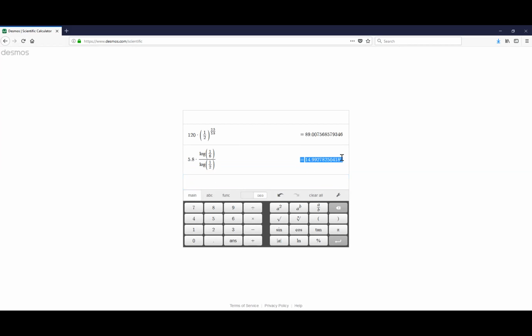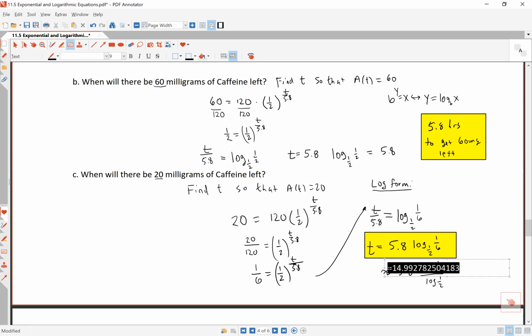And so it takes 14.99 hours to get down to the 20 milligrams. So around 15 hours to get down to 20 milligrams.